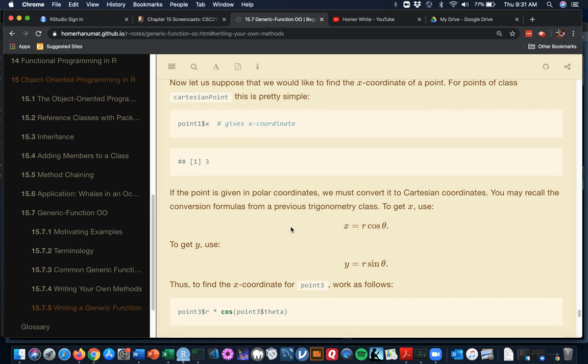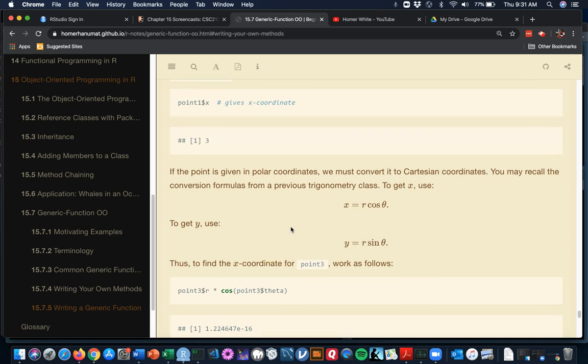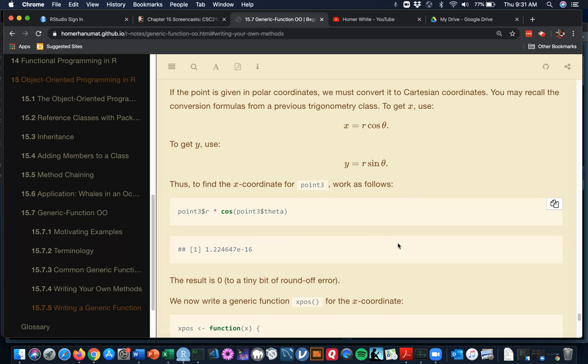But if the point is given in polar coordinates, if it's one of these objects of class polar point, then you're going to have to convert the thing back to Cartesian coordinates. Those of you who studied polar coordinates will remember that the way to find the x coordinate is to simply multiply r by the cosine of the theta angle. And the way to find the y coordinate is to multiply r by the sine of the angle.